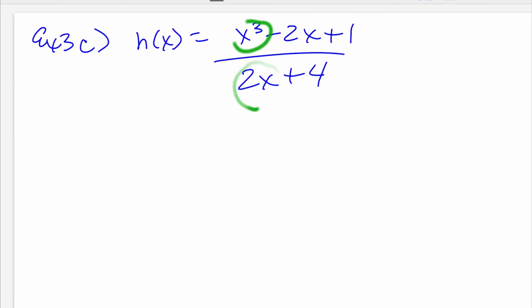Notice the numerator is 2 degrees bigger. Back in algebra, if it were 1 degree higher, you had a slant asymptote, which we're going to talk about next. But for now, I want you to see what this looks like. This is more than 1 degree, so we know there are no horizontal asymptotes.